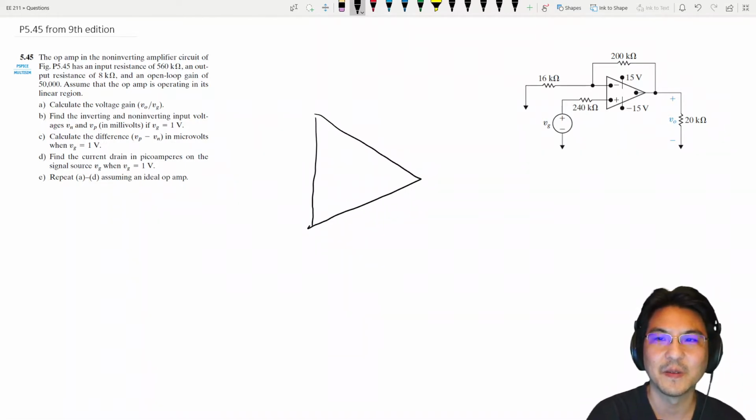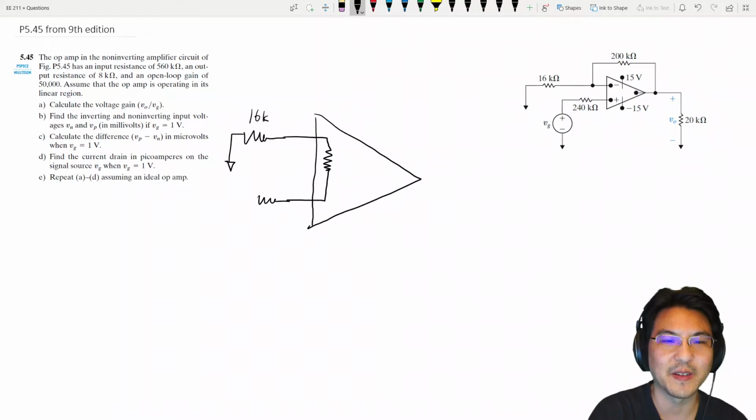Okay, so for this coming in, there's going to be an input resistance here between these two pins. So then this is where that 16K resistor is. And then the 240K resistor is over here.